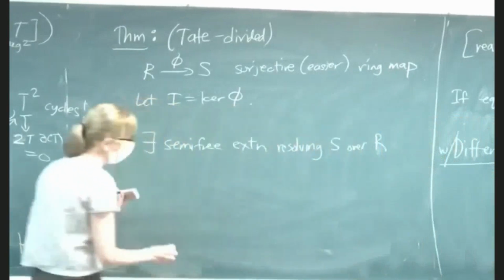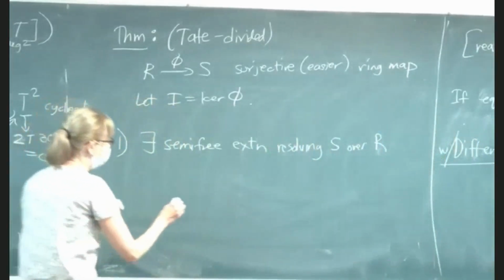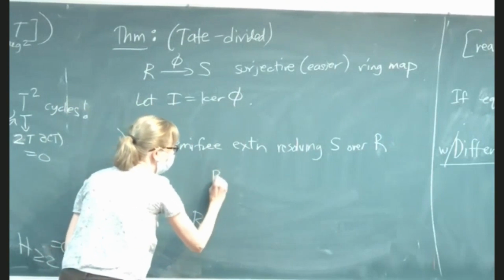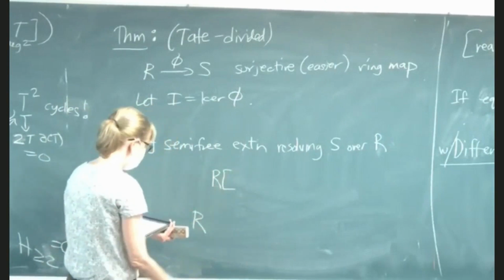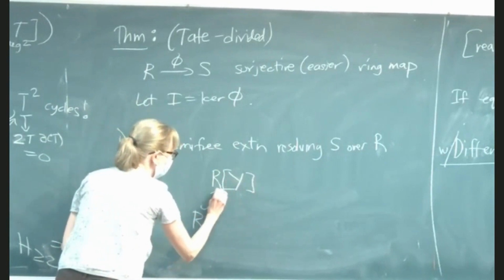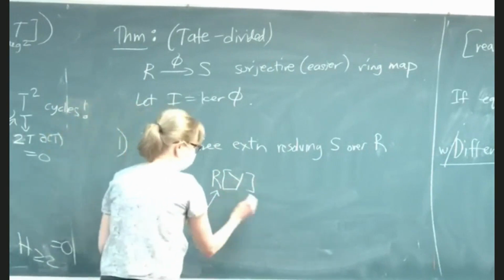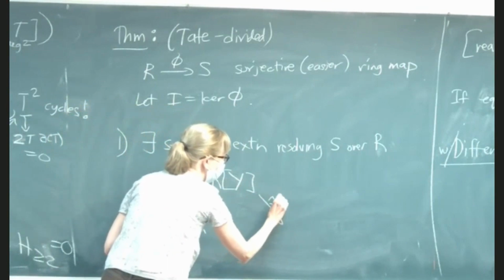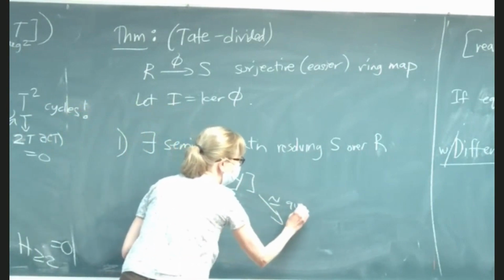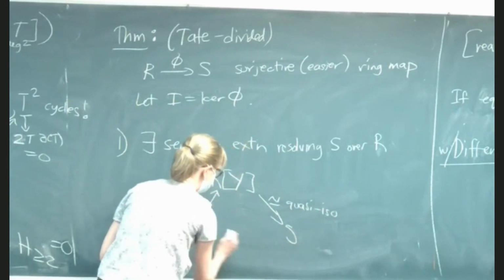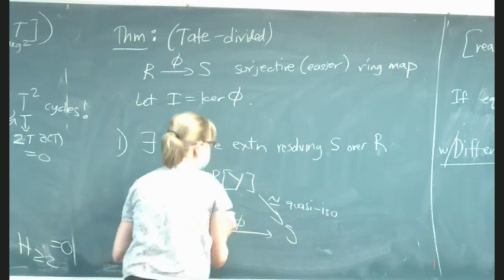Let me write it down. We take the original ring R, we adjoin a bunch of variables. I think I decided to call them Y in this part, sorry. And this is supposed to now be the resolution, so this is a quasi-iso, and you're supposed to be resolving S. And here's the original map.